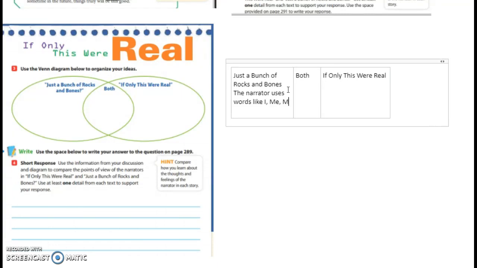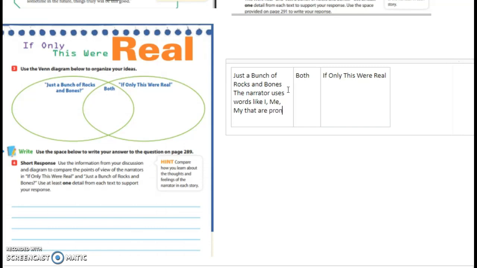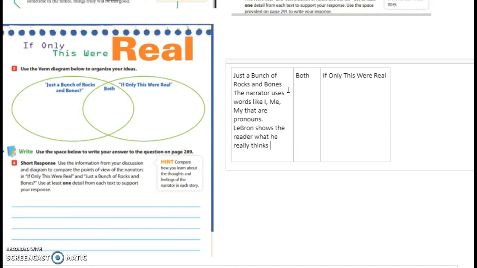Okay, so I'm writing down here, I remember the narrator in A Bunch of Rocks and Bones uses words like I, me, my that are pronouns. Also, a clue here is LeBron shows the reader what he really thinks and feels about the museum.